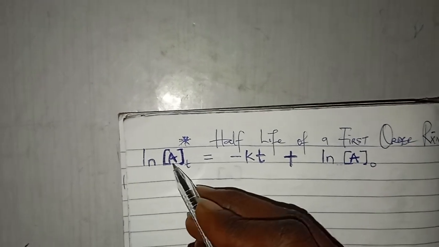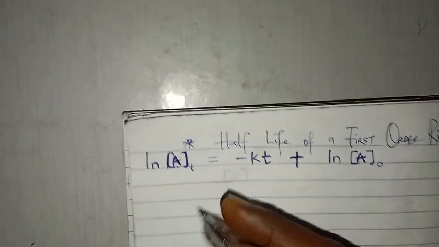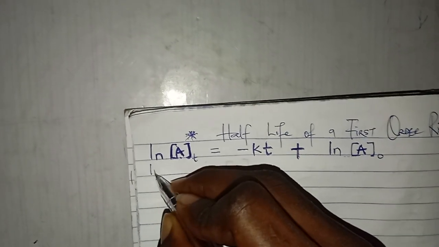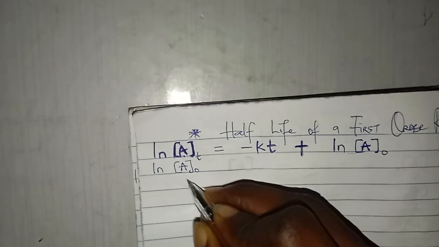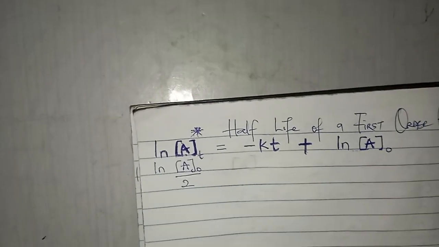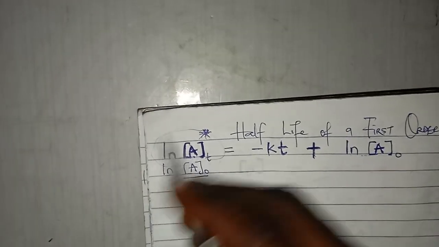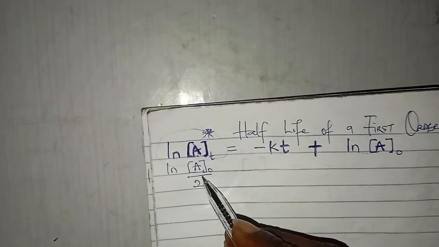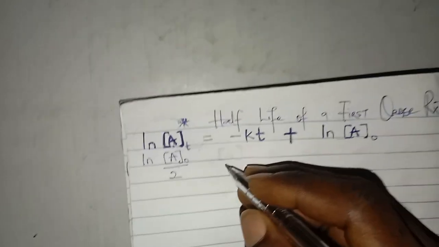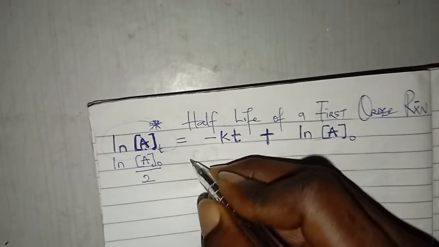So inside this, we are going to have the initial concentration divided by 2. So this is going to be ln A naught, the initial concentration, all over 2. So the idea is always to convert this A at a given time to initial concentration over 2. So once you are with that idea, you are good to go.